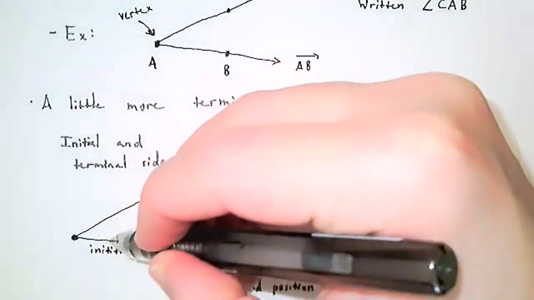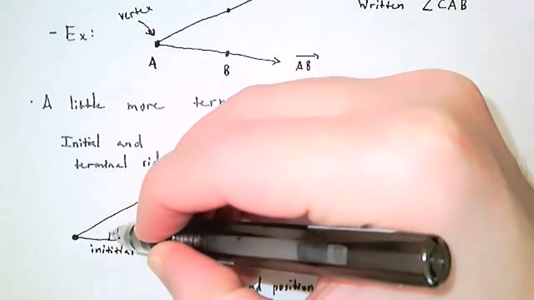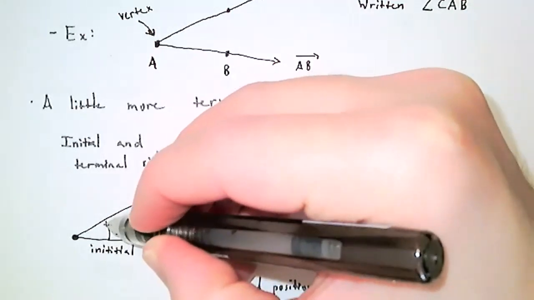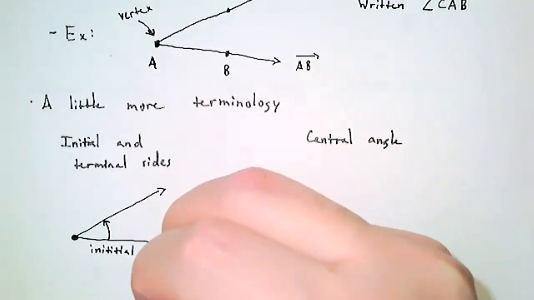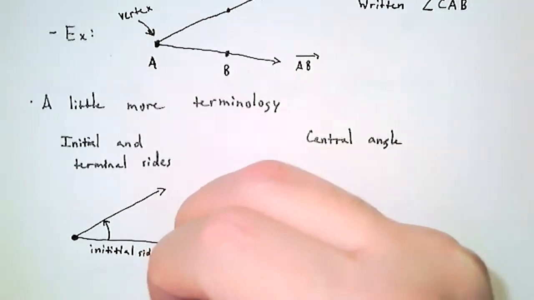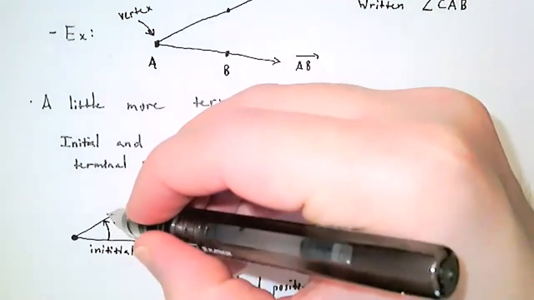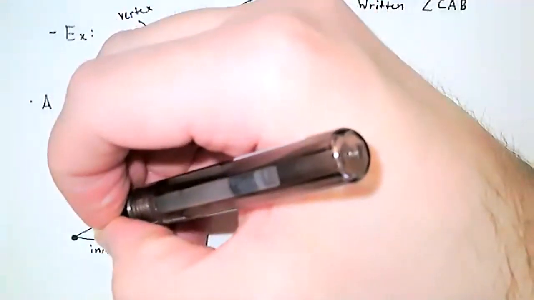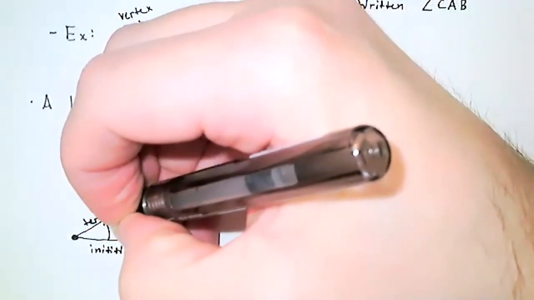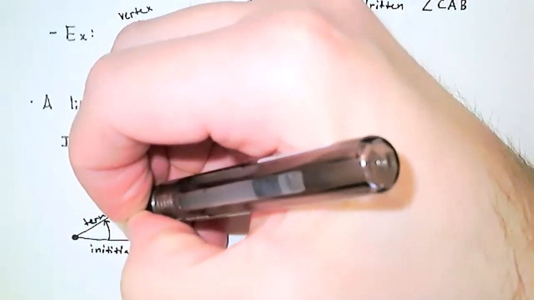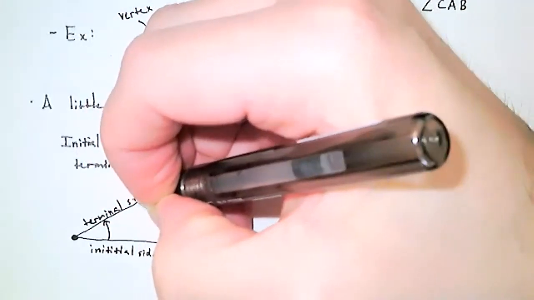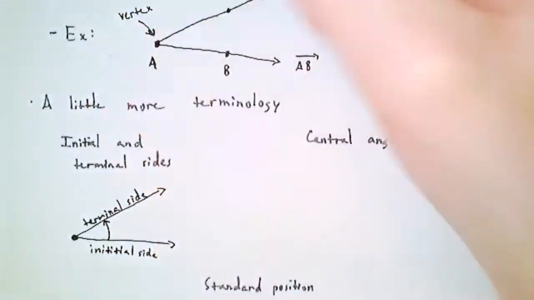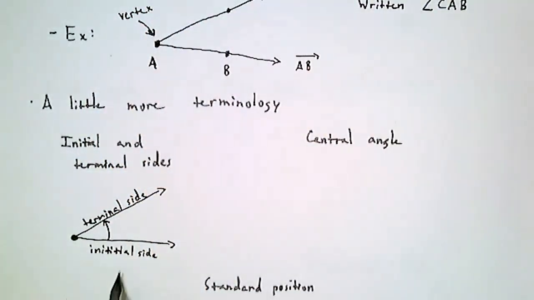And then I want to think about measuring my angle in this direction. So I start with the initial side and I go counterclockwise towards the terminal side. So terminal for terminate or ending. So initial is where you start, terminal is where you end.